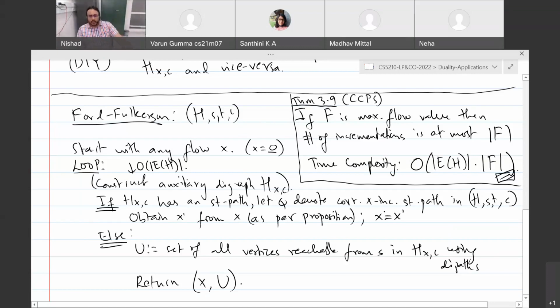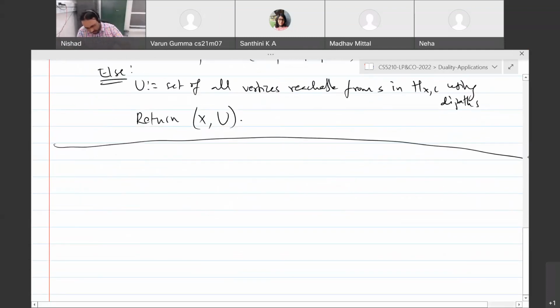Okay, so observe that the time complexity of the Ford-Fulkerson algorithm depends on the value of the maximum flow, right? So can we get rid of this dependency? The time complexity... sorry.